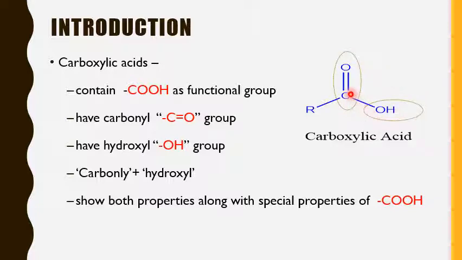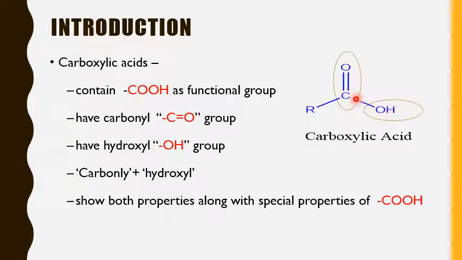So we can say that the carboxylic acid functional group consists of two types of functional group: one is carbonyl and the other one is hydroxyl. But don't assume that it will have only separately carbonyl functional group properties and hydroxyl functional group properties. Though they have these properties, the combination of these two functional groups gives them a new genuine type of properties of COOH, which are carboxylic acid properties.